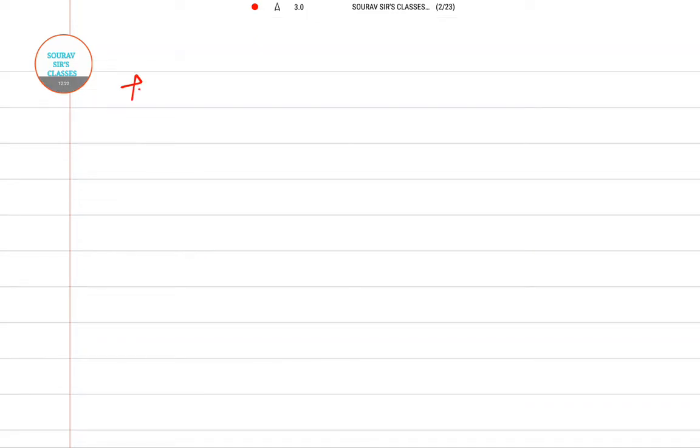Now the logical statements are called the Boolean variables.